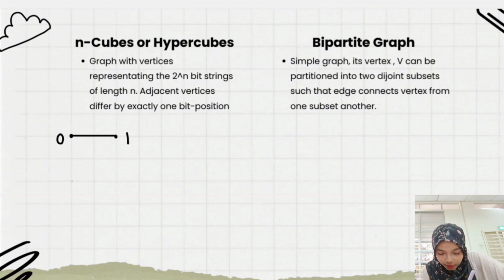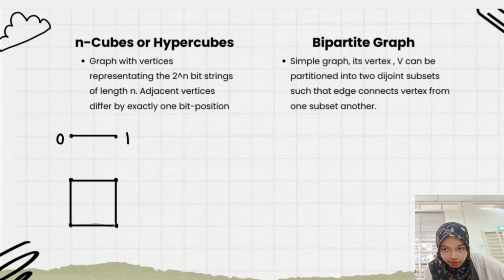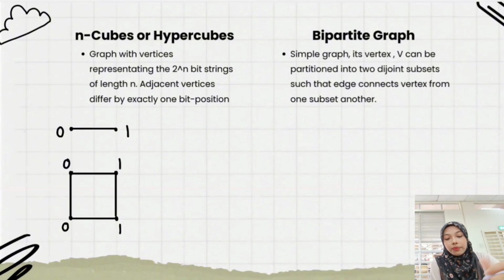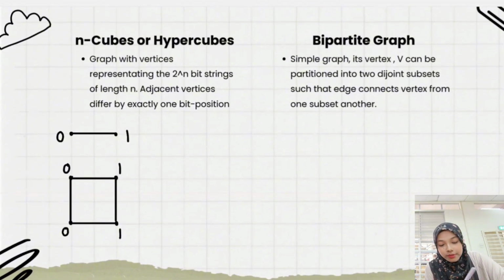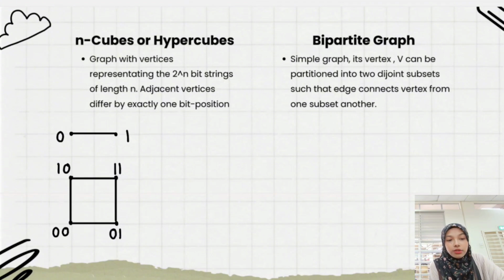For the second example, the original is 0 1 and 0 1, everything is 0 1, but you need to add 1 here and 1 here, and then 0 and 0. That's all you need to do.